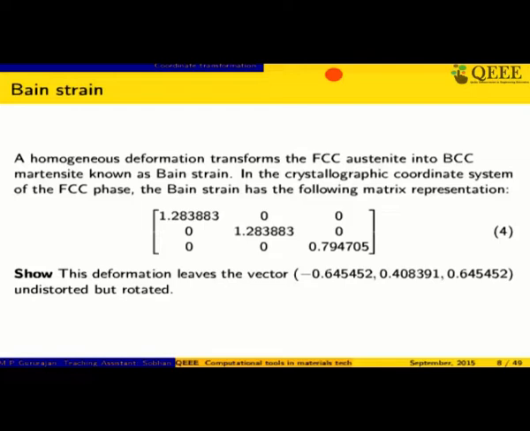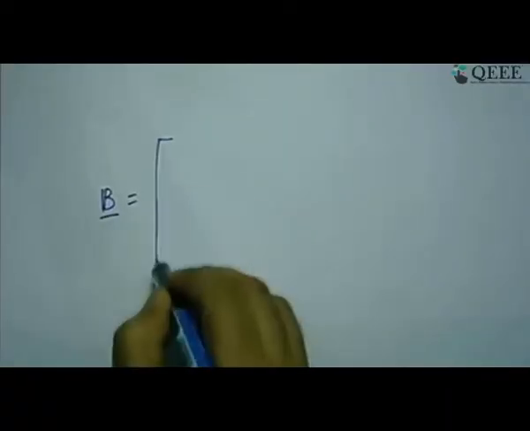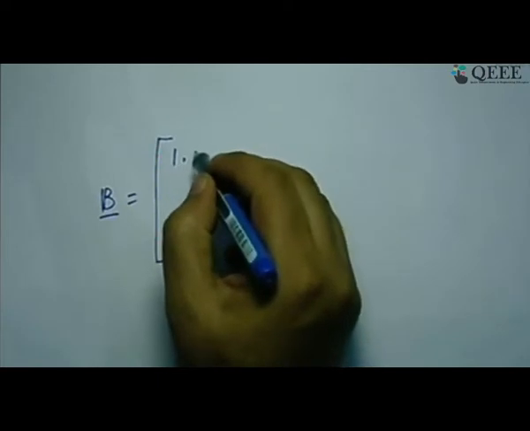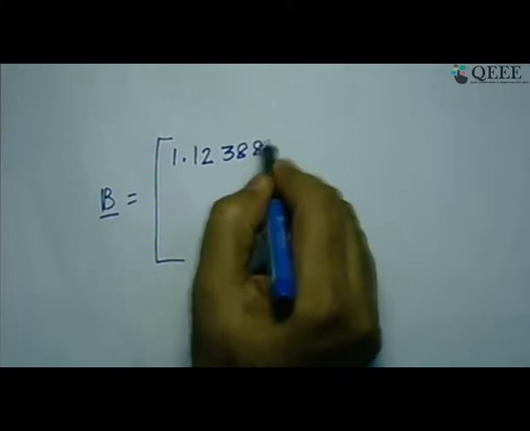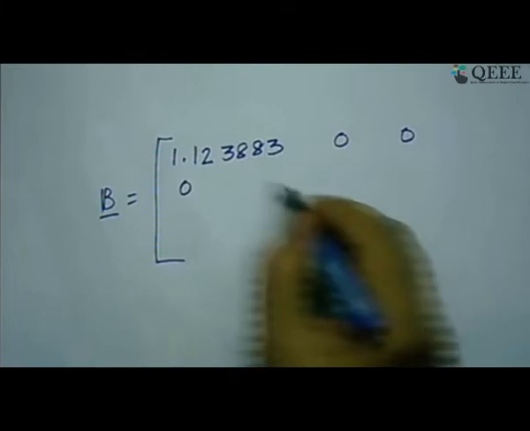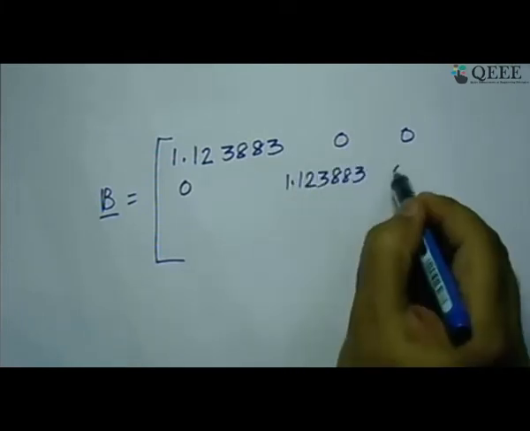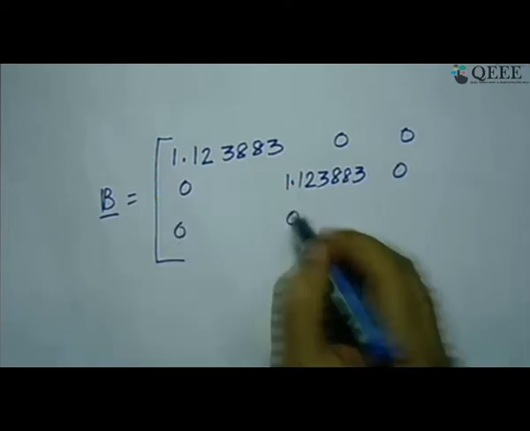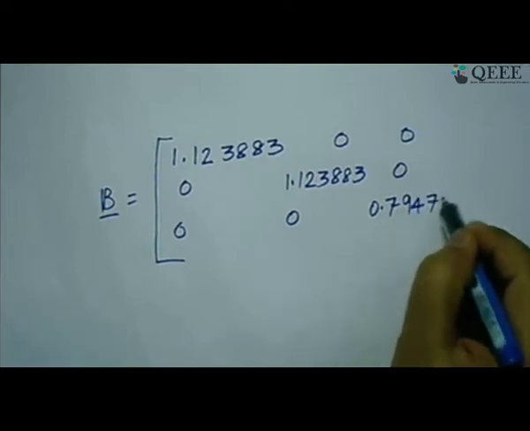slides here. Okay. So the Bain strain, let's call it B. The B matrix has the following representation. It is 1.128, I have written 28, which is wrong, 1.123883, 0, 0, and 0, 1.123883, 0, 0, 0, 0.794705.